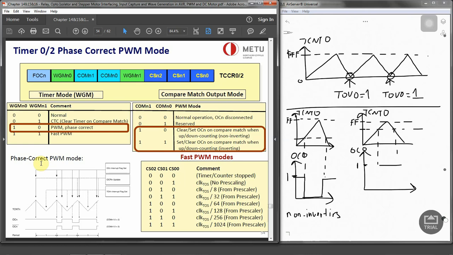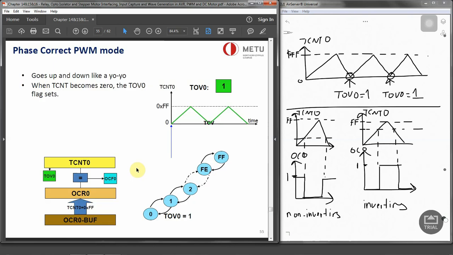When it is counting down, it will clear. That's inverting. That's the only difference between them, and that's what we need to know actually. So we can play around with the COM ports if you want to set or clear, and this is how we can play around with them.